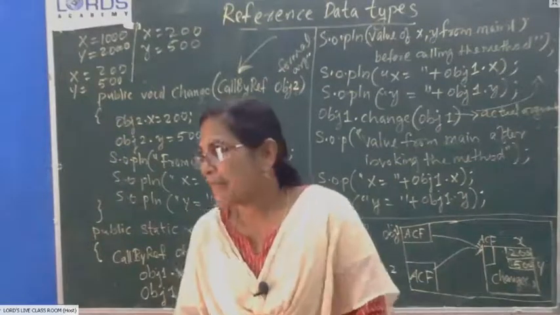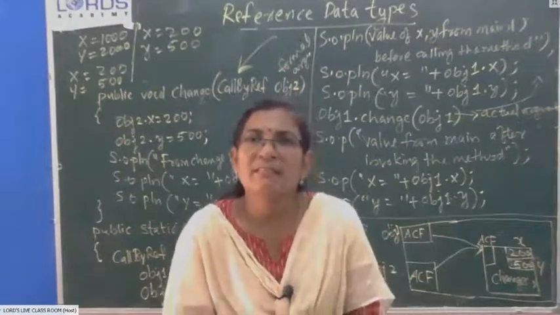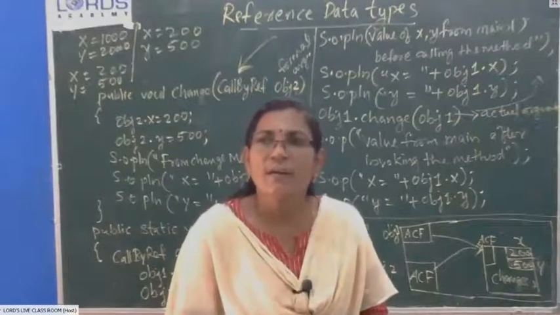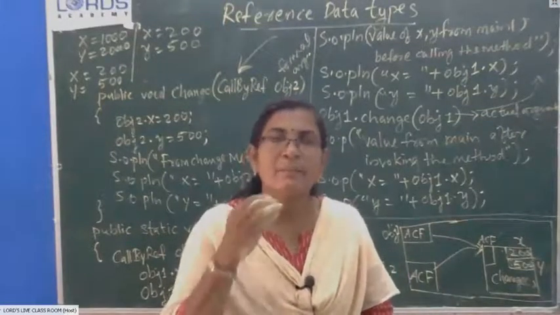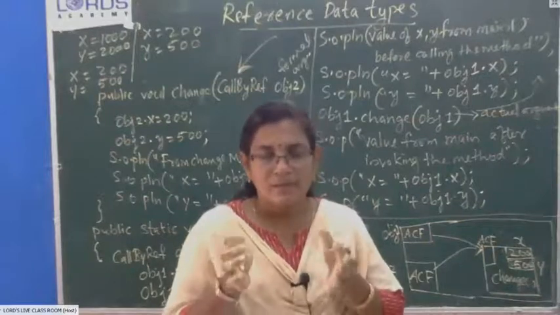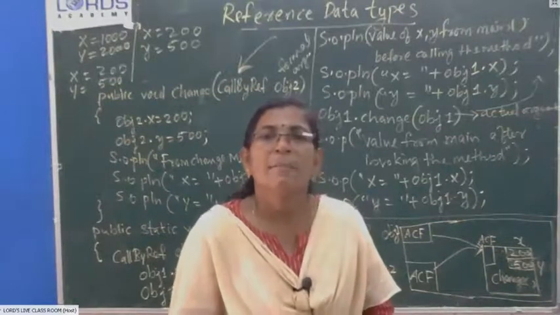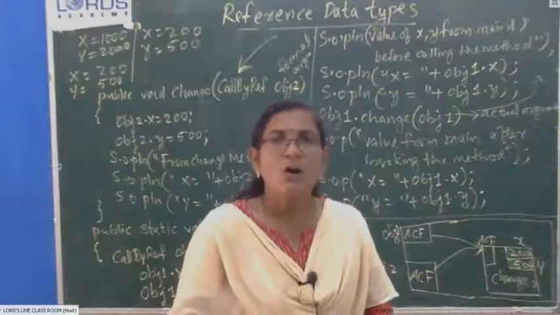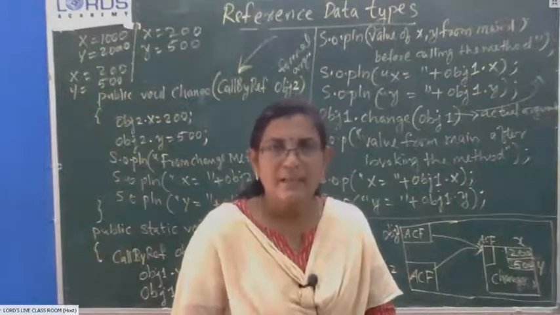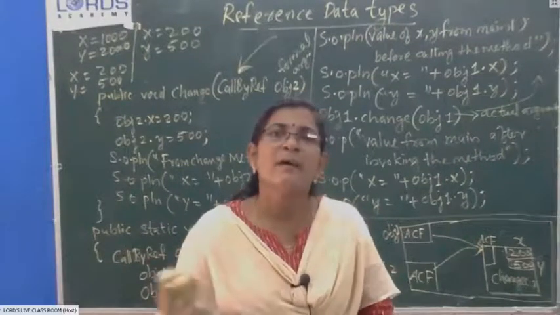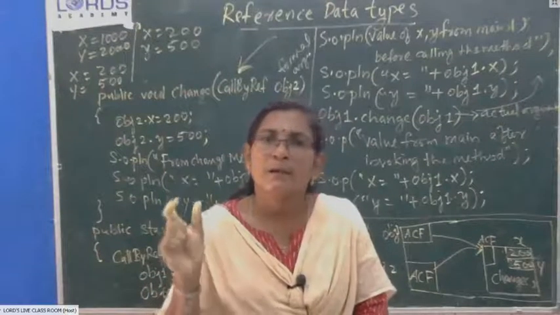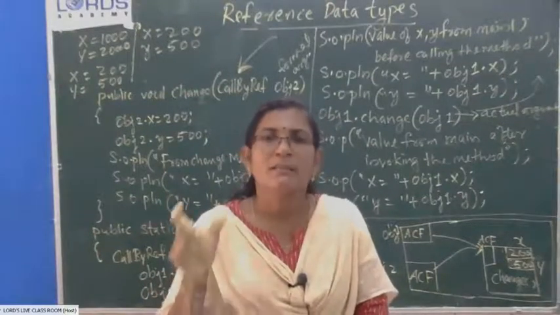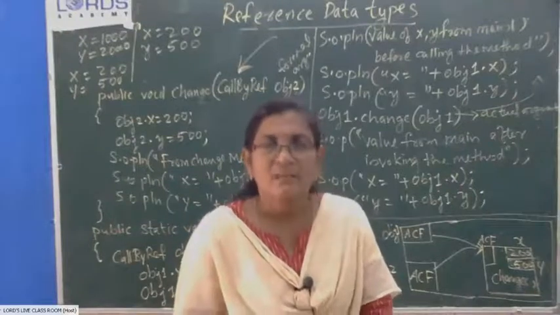So let me summarize. Call by reference method is a type of way of invoking methods in Java. In call by reference method, reference data types are passed from the main method or the function which invokes the method.